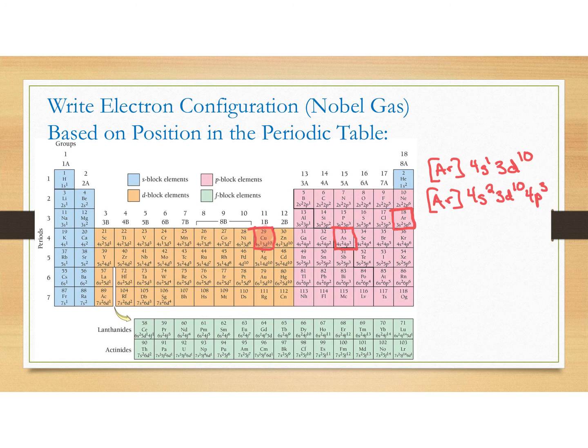Sometimes, if you come across these, they make writing the electron configurations a lot easier by having those subscripts in there. But you've got to know which ones are the d's and so forth, so that when you're filling these up, you get them correct.